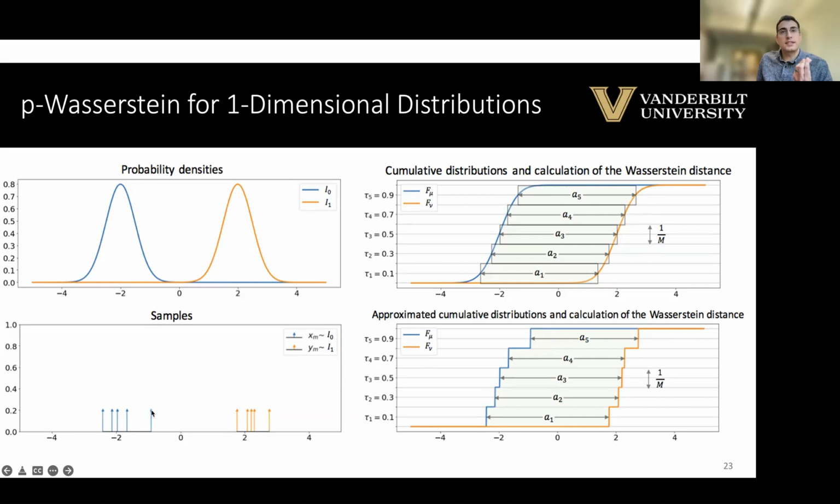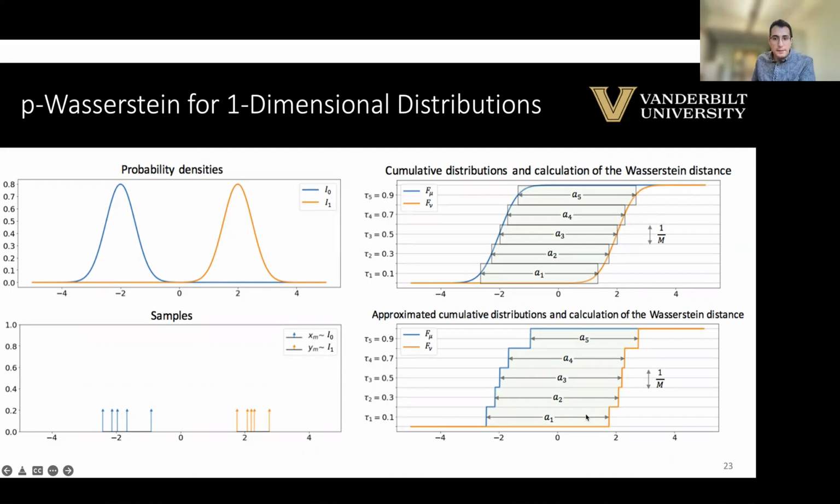So sort x's in an increasing manner, sort y's in an increasing manner, and then measure the distances between the sorted versions of x's and y's two by two, and then sum that up. And that will be the approximation of my Wasserstein distance, or this integral that we're talking about. Right. Thanks.